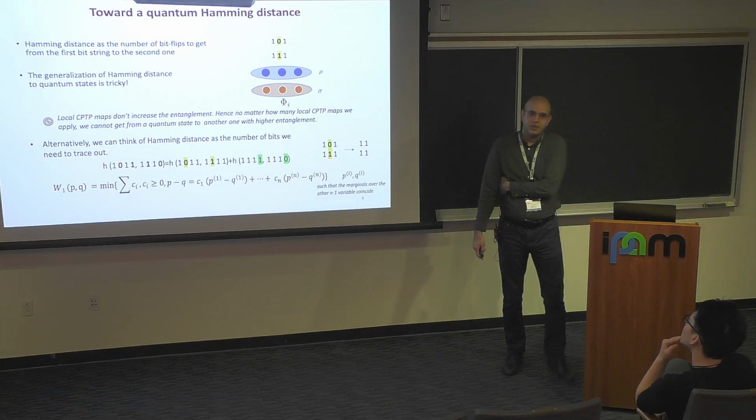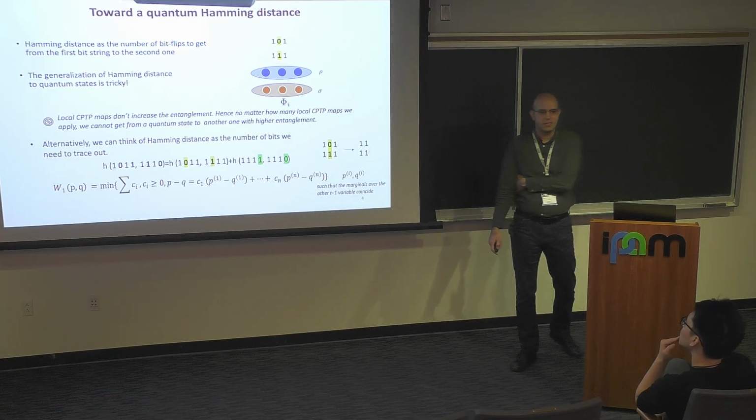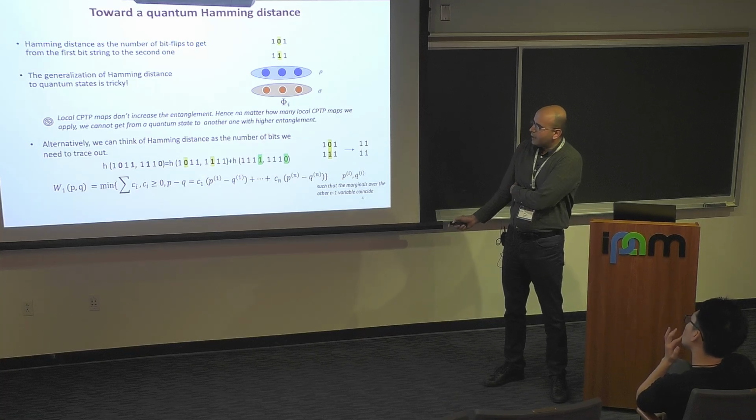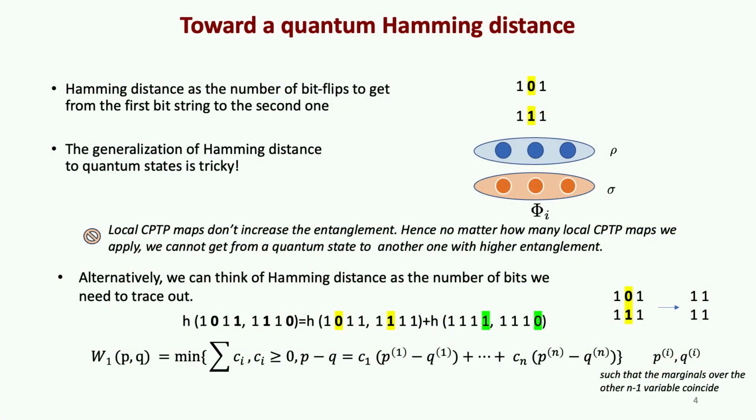And this is one way of thinking about the W1 distance, the Wasserstein distance, classically. You can say, I want to generalize it now. Rather than thinking about bit strings, I'm going to think about probabilities over bit strings. And what I will do is ask how I should decompose a difference of two probability distributions into a convex combination of distributions that are close to each other.